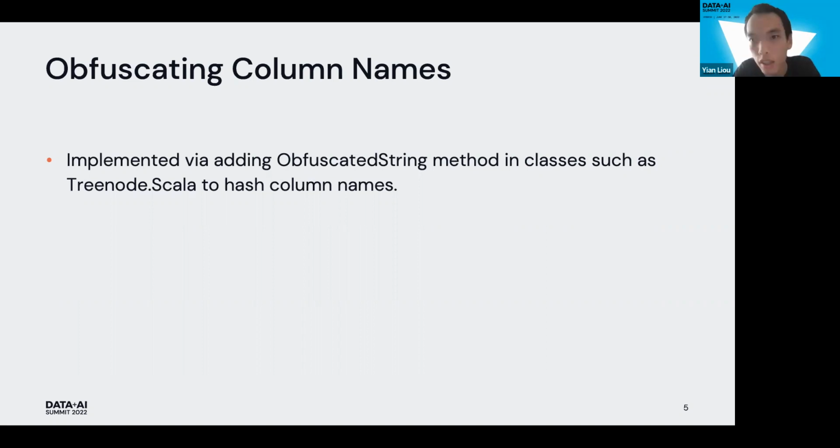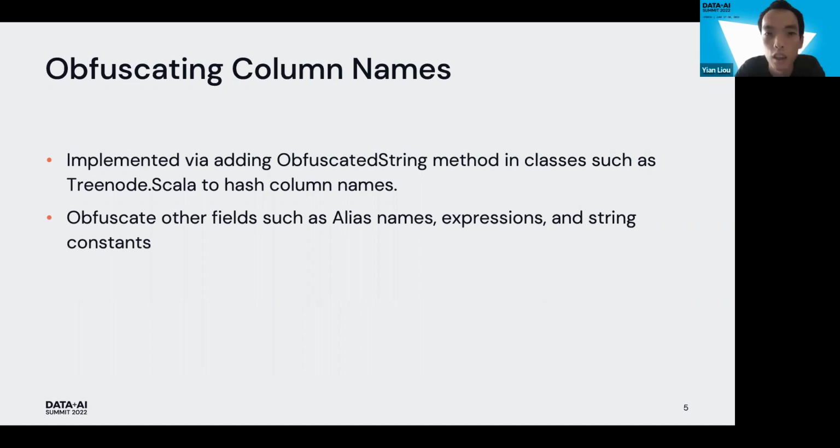TreeNode.scala is a base class, so many other classes inherit from it, and therefore we don't need to change too many classes for the obfuscated string method. Along the way, we're able to obfuscate other fields such as alias names, expressions, and string constants.